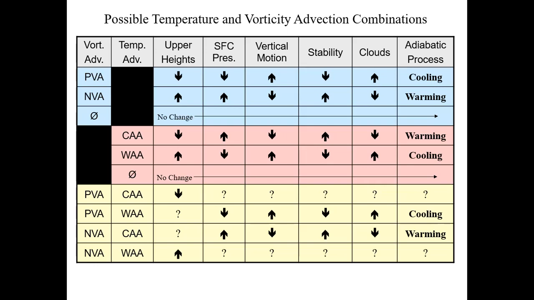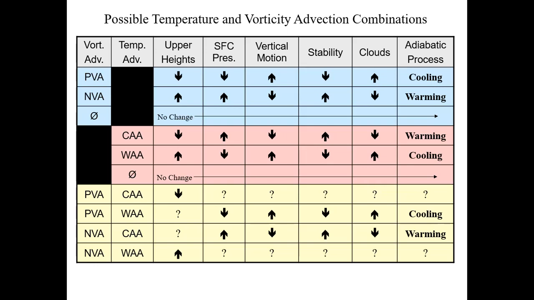And then when you have sinking air motion, that results in adiabatic warming, and that results in decreasing, dissipating clouds. Think of clear skies in this case. The third row shows that I have no vorticity advection, and I do not have temperature advection at all. That's pretty simple. That means there's no change to any of these elements in the atmosphere.